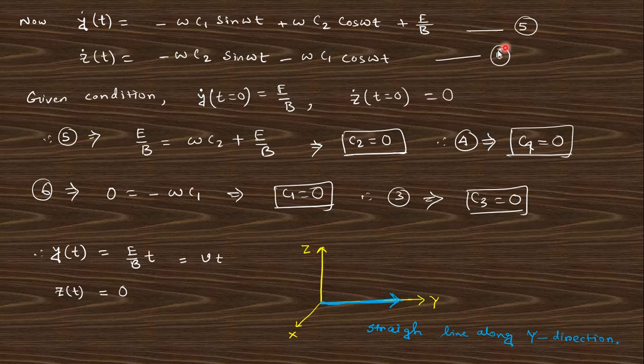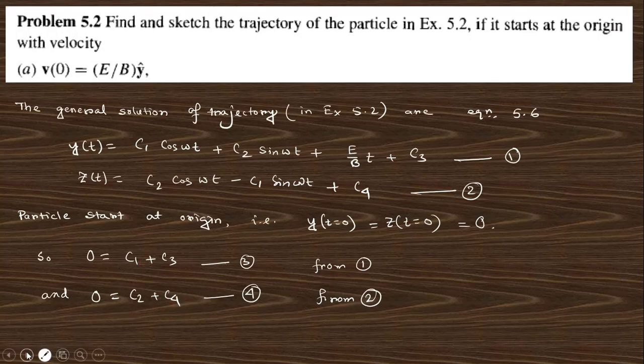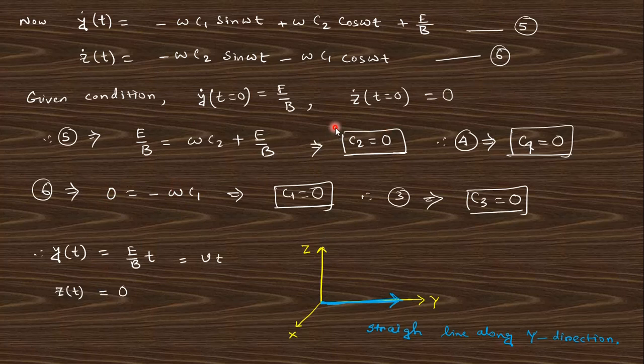From equation 5, if you put this value, sin t is 0, so you will get this one and that one, from which you get C2 is 0, and since C2 is 0, C4 is also 0. In equation 6, put this value and you will get C1 is 0, so C3 is also 0. You will get C1, C2, C3, C4 all 0.